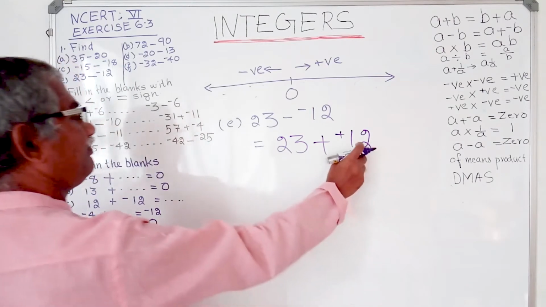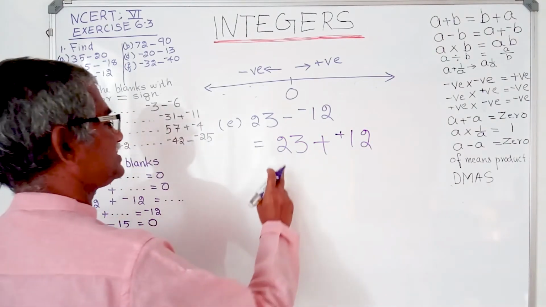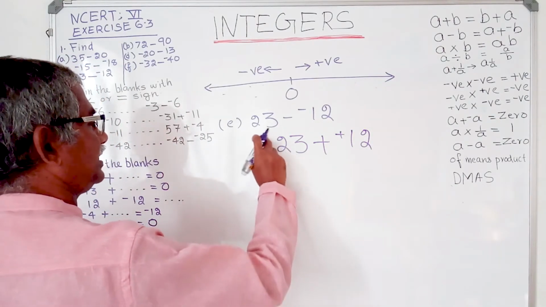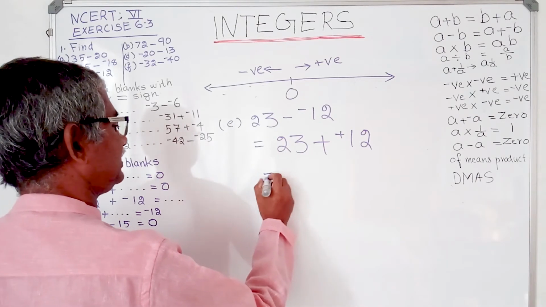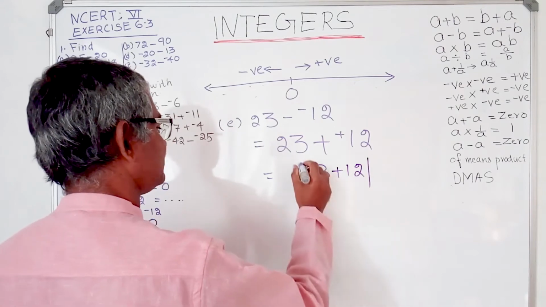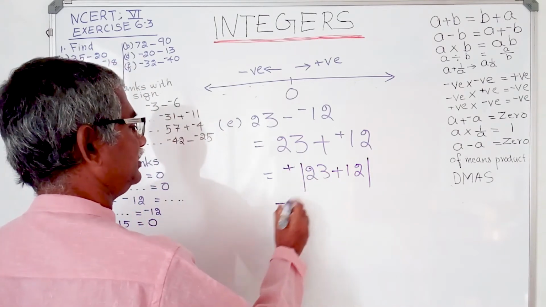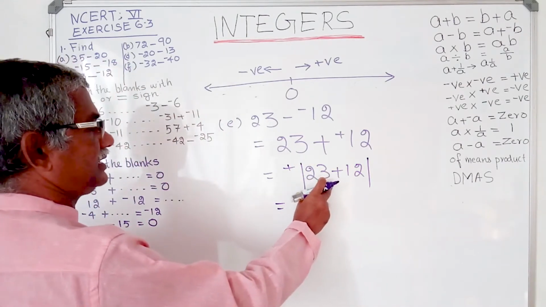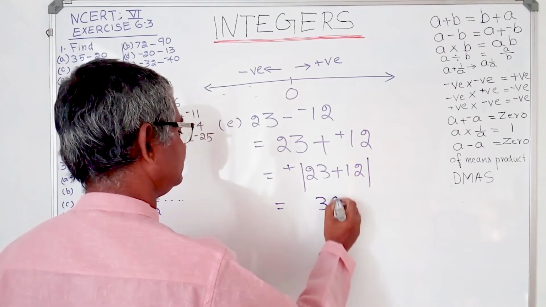So 23 and positive 12 both are of the same sign. Both are positive, just taking the sum 23 plus 12. Its absolute value is always positive. 23 plus 10, 33. 33 plus 2, 35.